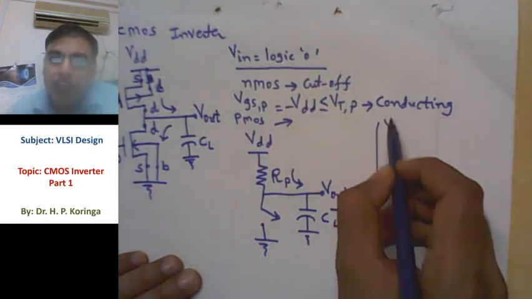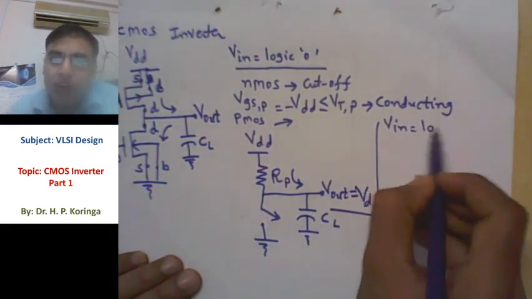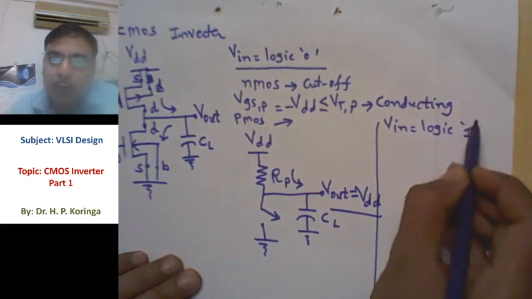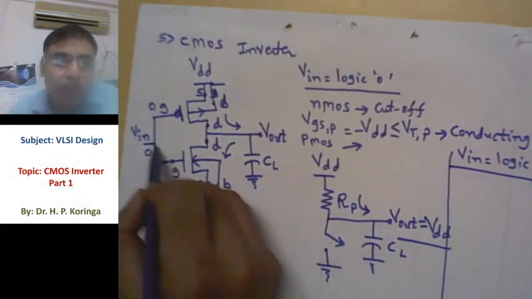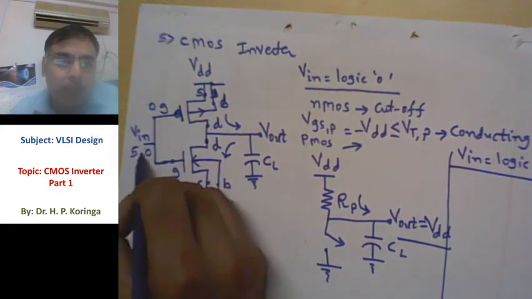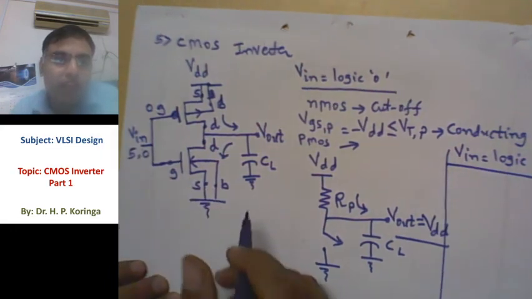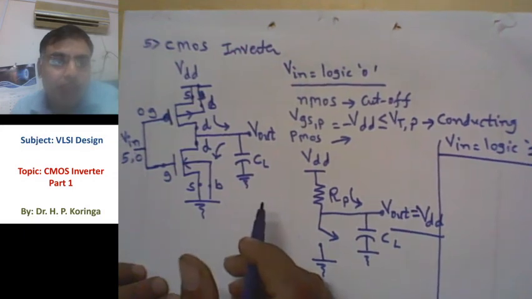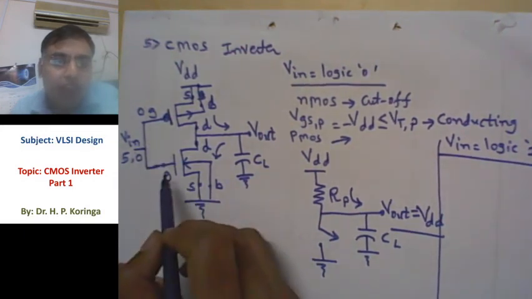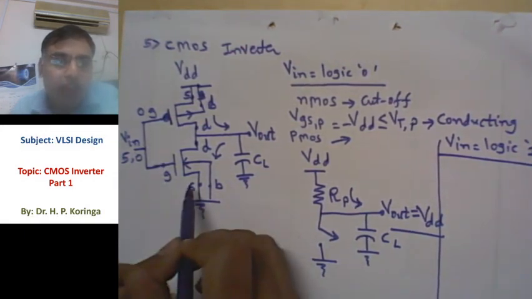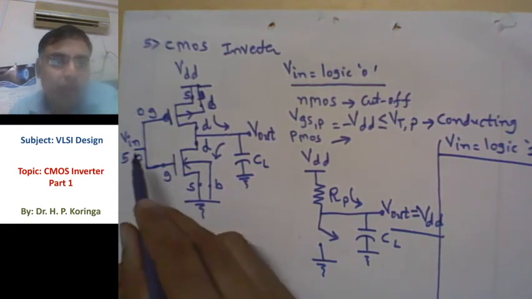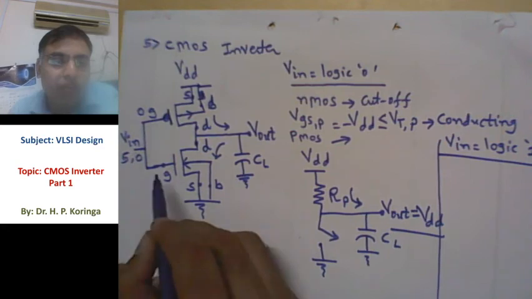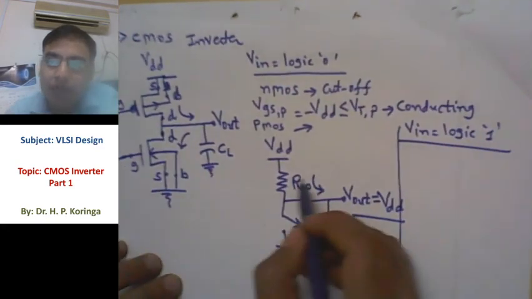When input is logic 1, let's say input is logic 1. So logic 1 means input is 5 volt, VDD. Input is VDD. So when input is VDD, the NMOS operates in a conducting stage, because VGS of NMOS is the input, and input is VDD, so VGS of NMOS is VDD.